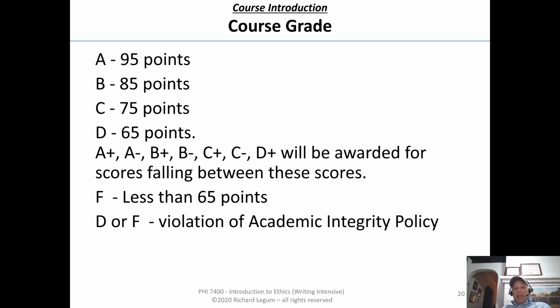If you violate the academic integrity policy, which we'll talk about in a little while, such as plagiarism, if you've copied something, and in this course there shouldn't be that much that you're ever copying, because I'm going to ask you to write papers that express your own understanding of the concepts.